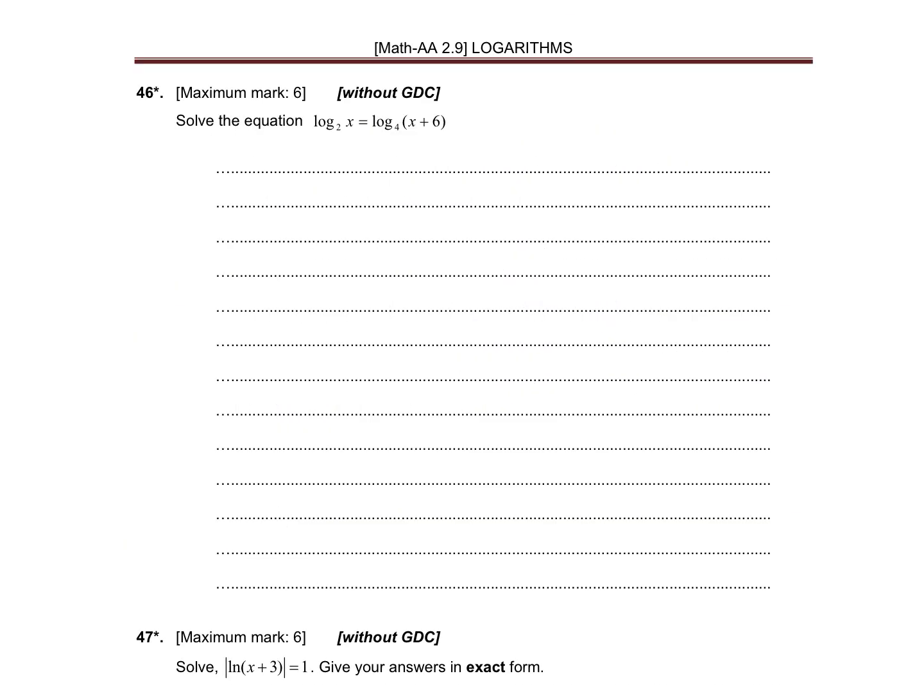Okay, so for this one, we will change base. So that's going to be log base 2 of x plus 6 over log base 2 of 4, which we know from last time that's 2. So cross multiply by 2 over here, and we'll put that up.